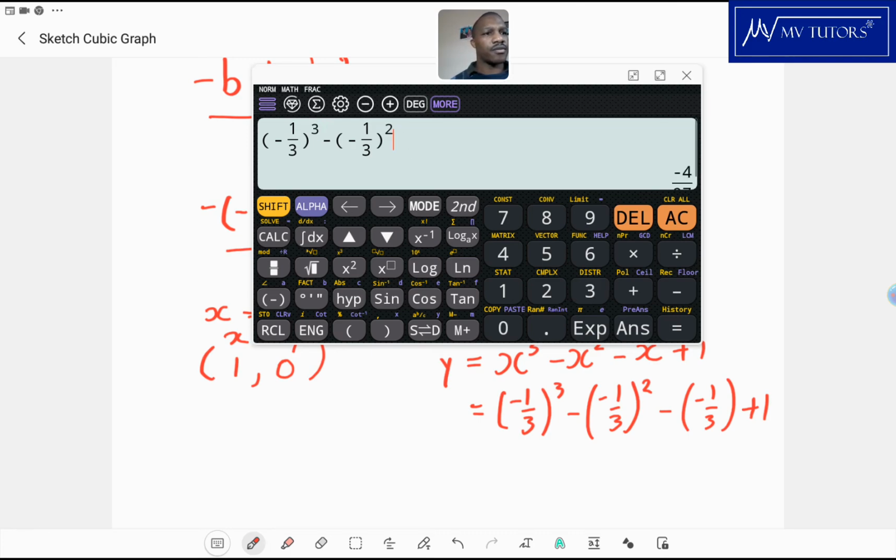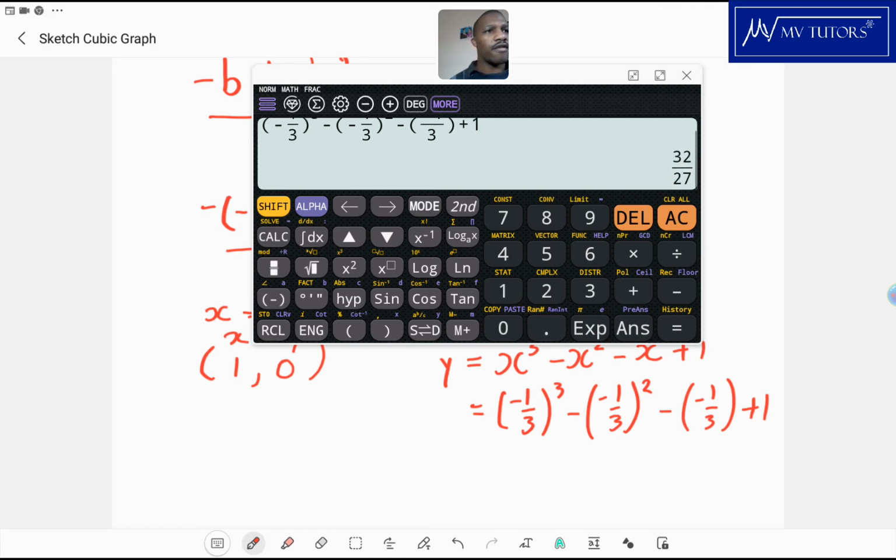Yes, there we go. Okay, and then minus, we have an open bracket once again. Put that, -1. We come down here, we have a 3. We close the bracket. Okay, that one is neither squared nor cubed. And then it's just plus 1.